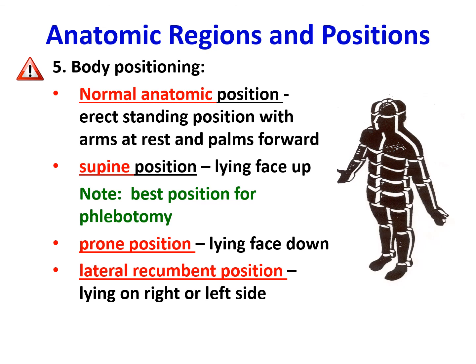That's an erect standing position with your arms at rest and palms forward. Then you have supine position, which is laying face up. And we note that this is the best position for phlebotomy, okay? You have a prone position, which is laying face down. And then you have a lateral recumbent position, which is laying on the right or left side, okay?